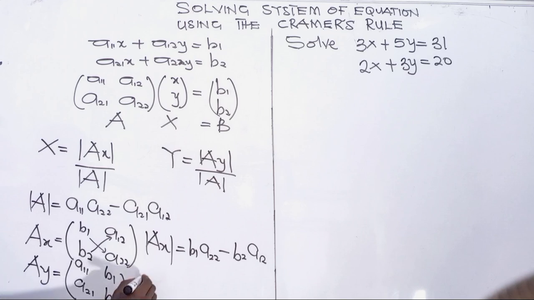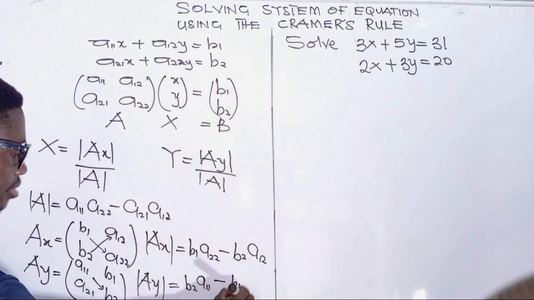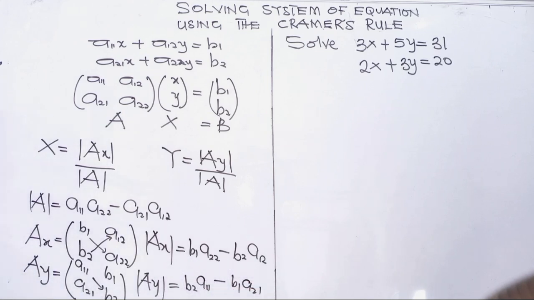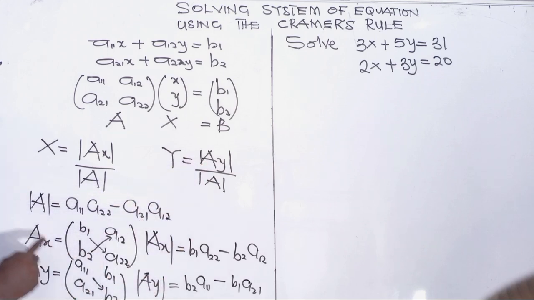Once we have this, we find the determinant of Ay, so we get b2 a11 minus b1 a21. This is how we find the determinant of Ay, the determinant of A, and the determinant of Ax.